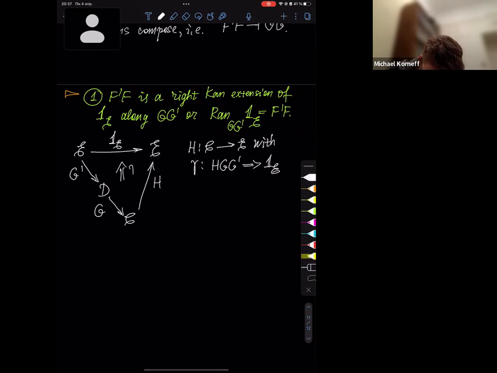And this is a two cell, and we have obviously the following diagram in which we just draw this arrow.